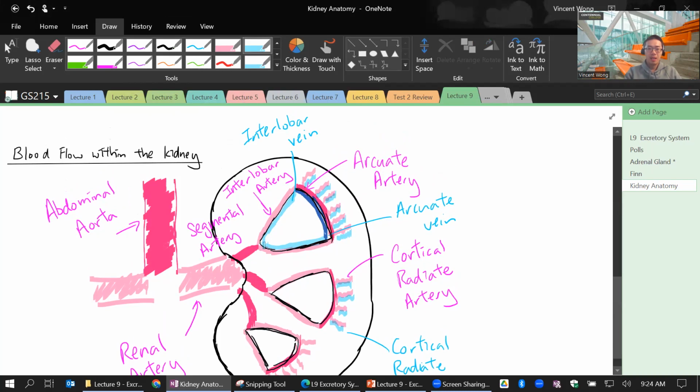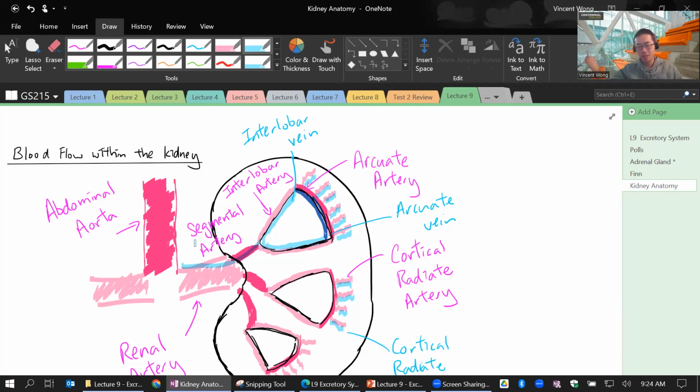the textbook, there is no segmental vein. Okay, like the people who label the kidneys, who came up with these names, they were like, okay, from the interlobar vein, we'll just say it goes out and becomes the renal vein. Okay, so everything has a counterpart.